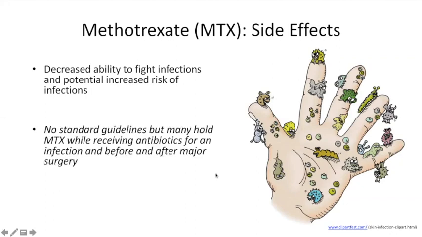And while there are no standard guidelines for how to address this possible increased risk for infections, many pediatric rheumatologists may tell you to hold a dose of methotrexate while you're taking antibiotics for an infection, or if there's any more severe infection, and also before and after major surgery to help your body heal and tolerate the stresses of a surgery.